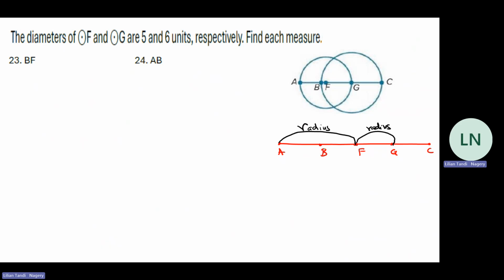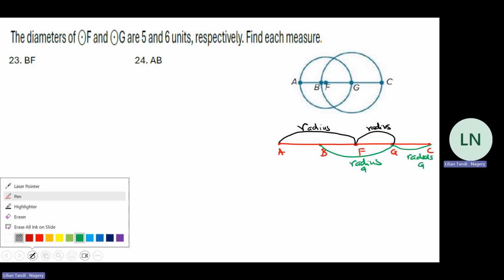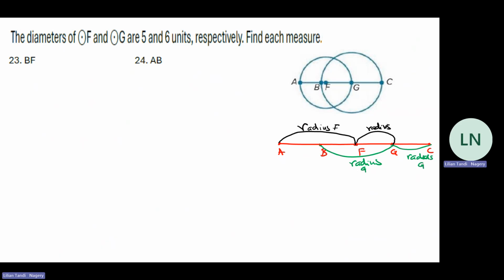In circle G, who is the radius? GB. So from B to G is radius. And from G to C is radius. But of which circle? Of circle G. Radius G, radius G. Here it is radius F, radius F.